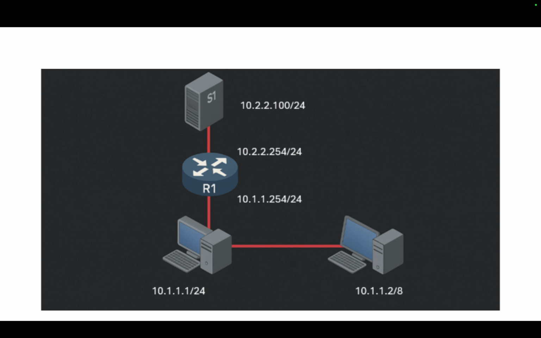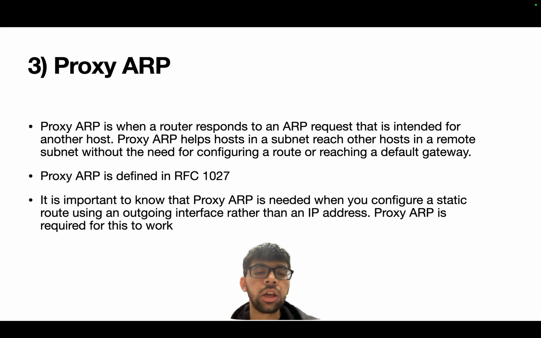This is not malicious. It's trying to solve a problem here. So it will make the PC believe that the router itself is the server, and this enables that communication. Otherwise, you couldn't have communication between that server and that host, because of that misconfiguration.